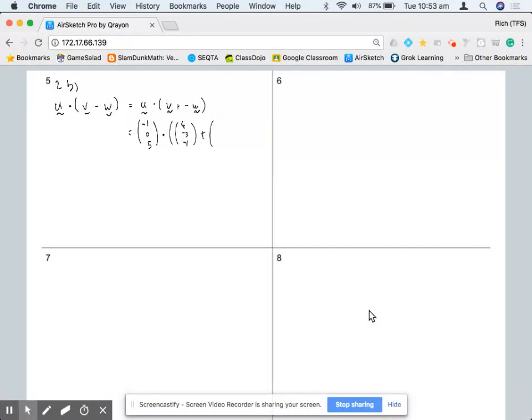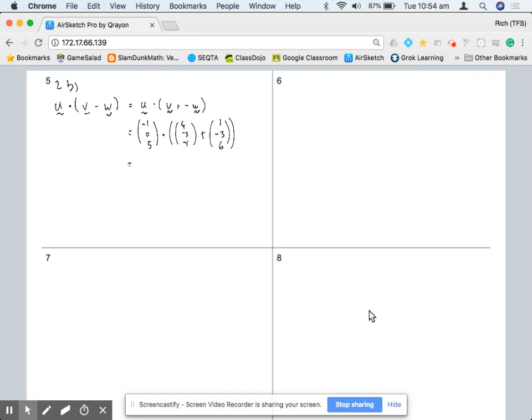So the w vector was negative 1, 3, negative 6, and now it's 1, negative 3, positive 6. Okay, so that's an example of how I do subtraction of vectors. I just add the negative, and by adding the negative, I'm simply changing the sign of each component. I hope that makes sense, and if it doesn't, let's put a star next to it so I can come back and explain to you.